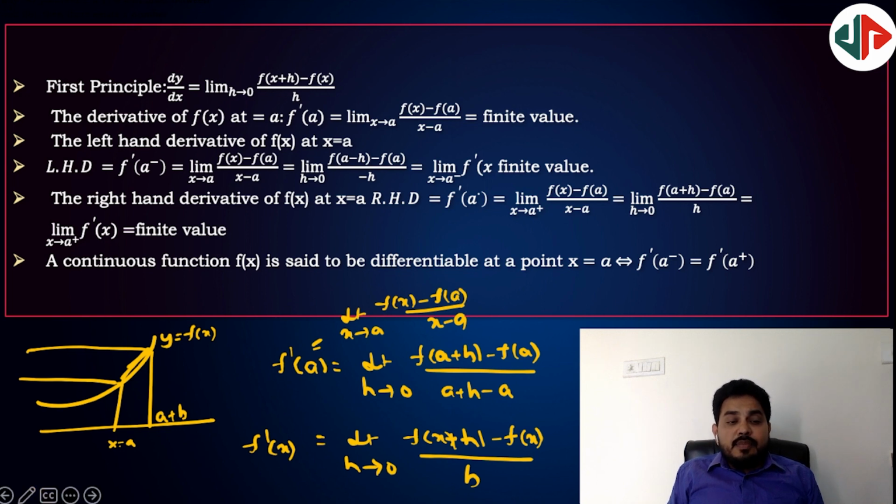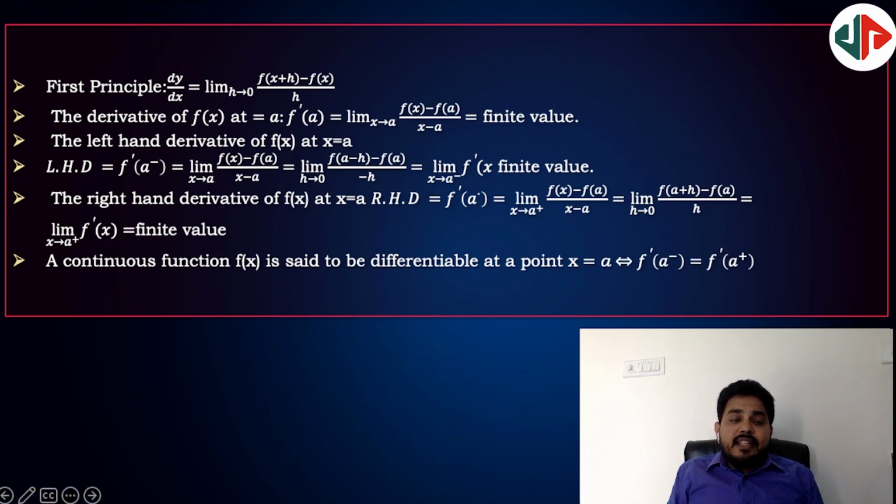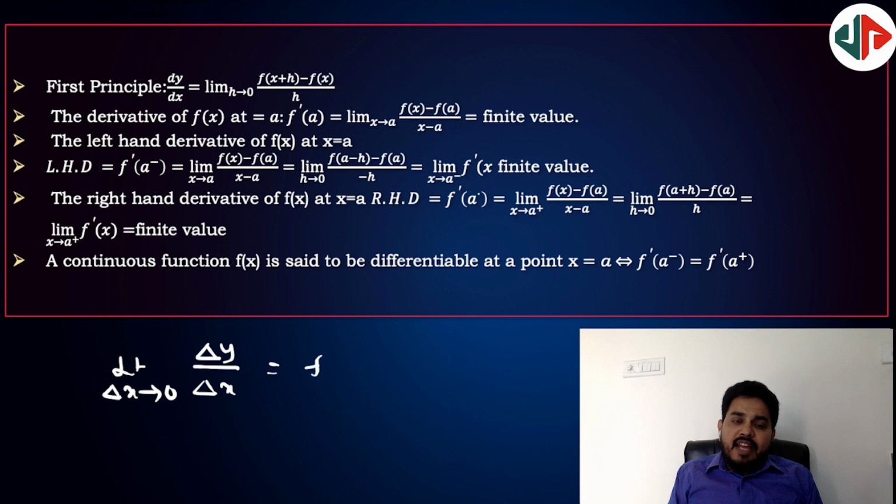First principle of derivative. So what is exactly the derivative? It means delta y by delta x, as change in x is small, which is equal to f dash of x. So again, limit x tending to a of f of x minus f of a by x minus a.